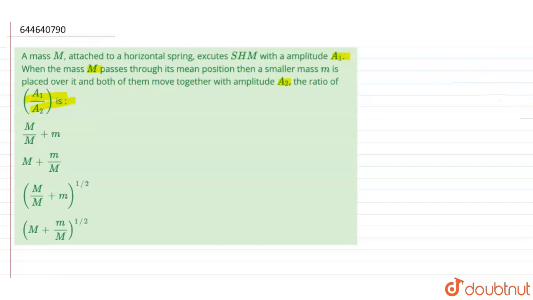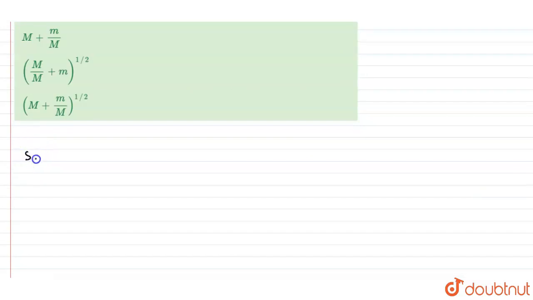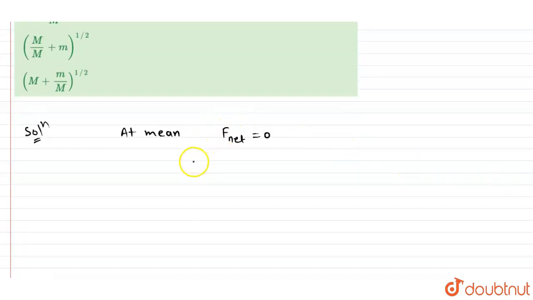So first of all, we know that at the mean position, F net is basically 0. So you can apply here the linear momentum. Momentum is conserved here.